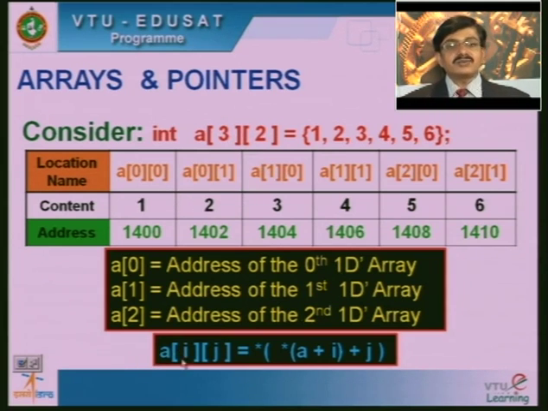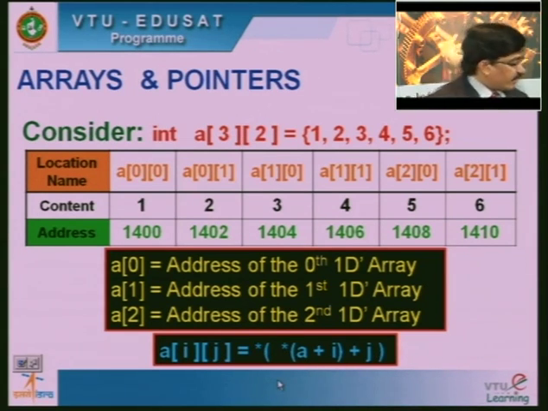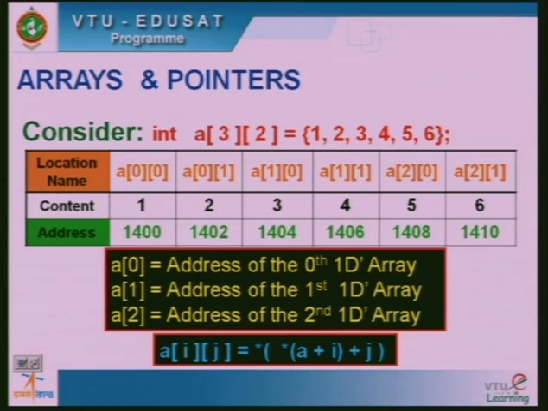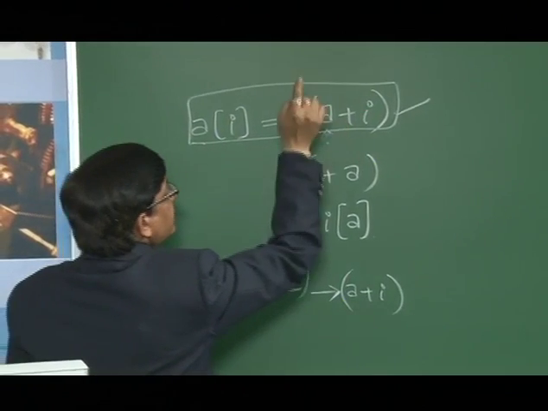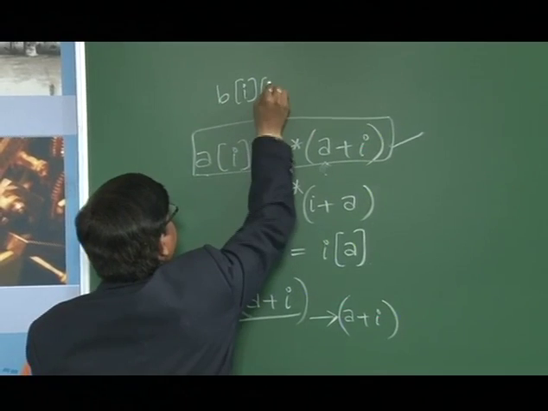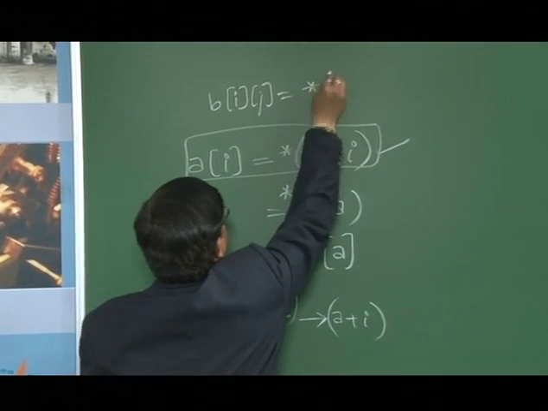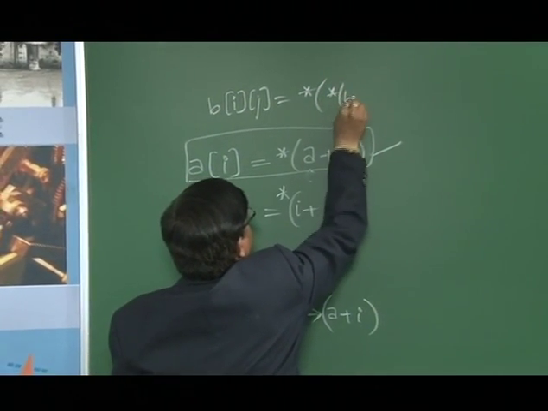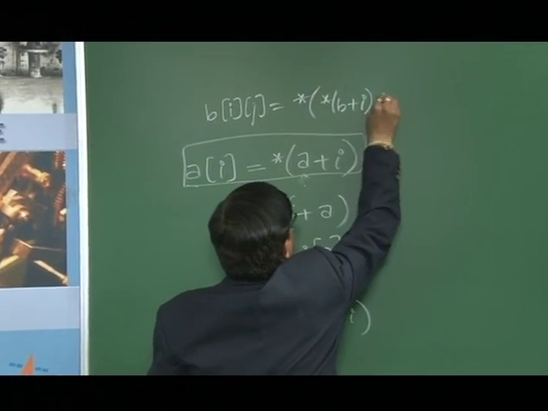Whenever I use A of i j, it is the same as star of A plus i plus j. With respect to a 1-dimensional array, A of I is the same as star of A plus I. But when it is a 2-dimensional array, something like B of i j, this is the same as the value at address star of B plus i, then plus j.